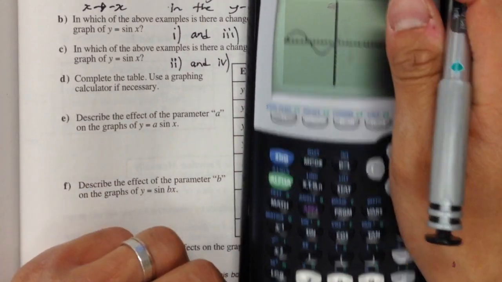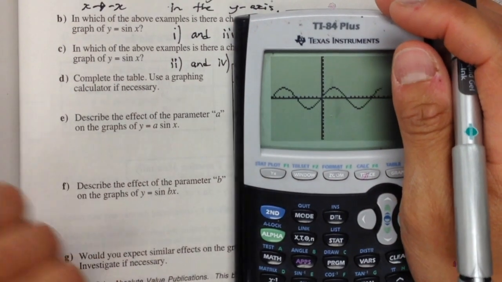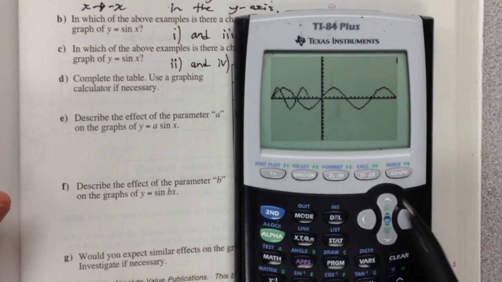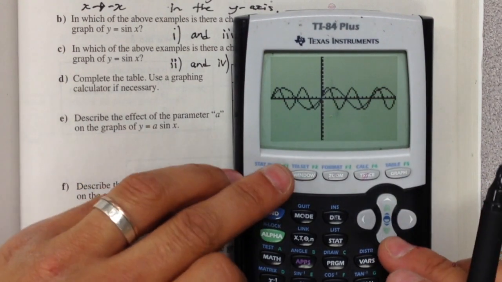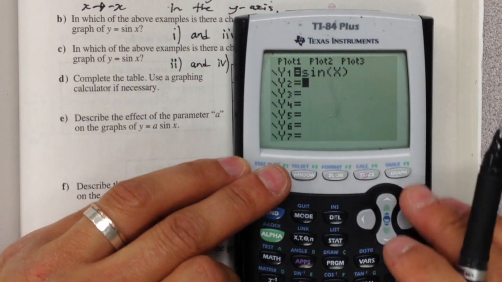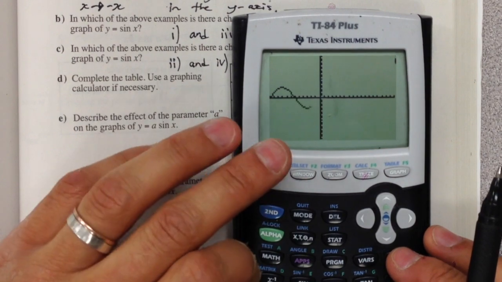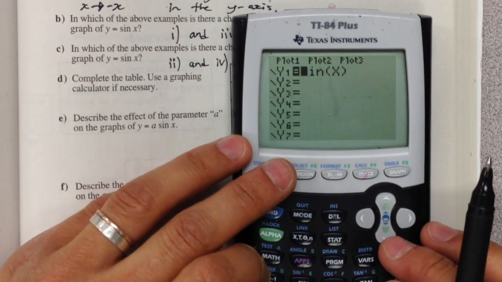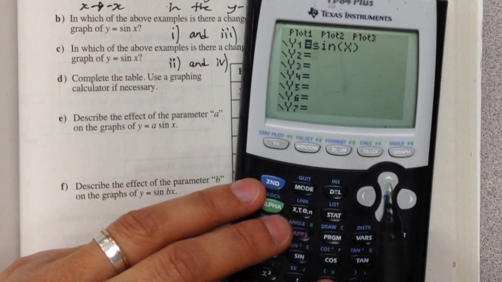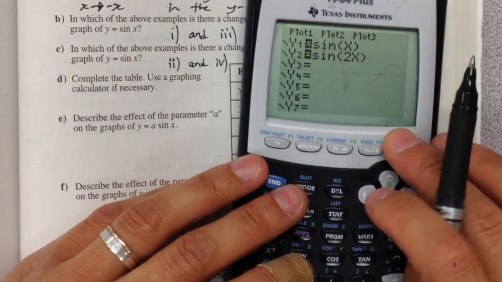So here's my original function, followed by my other function. Let's look at that one again. So there's my graph, sine 2 of x.